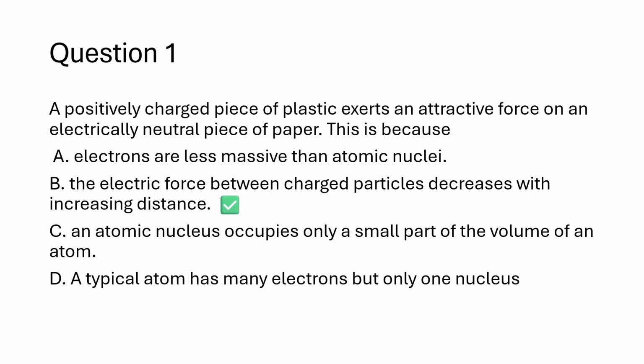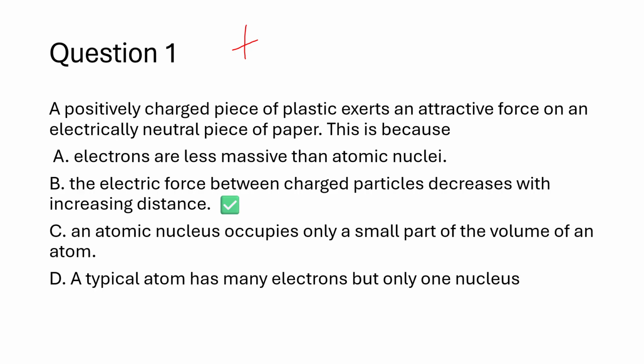The answer is B. Why is that so? First of all, we know that the plastic is positively charged. Now we have a neutral piece of paper. This neutral piece of paper consists of atoms, and these atoms have positive and negative charges.